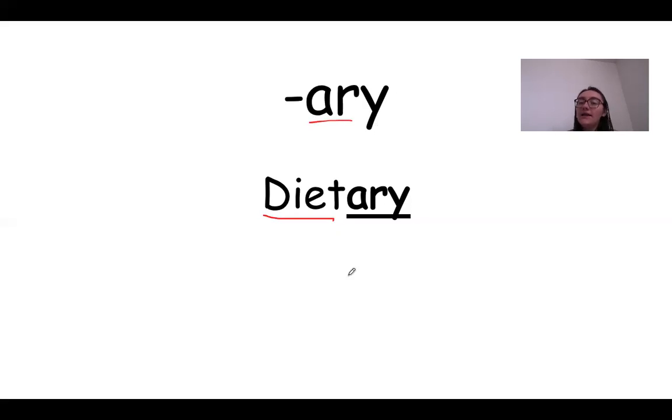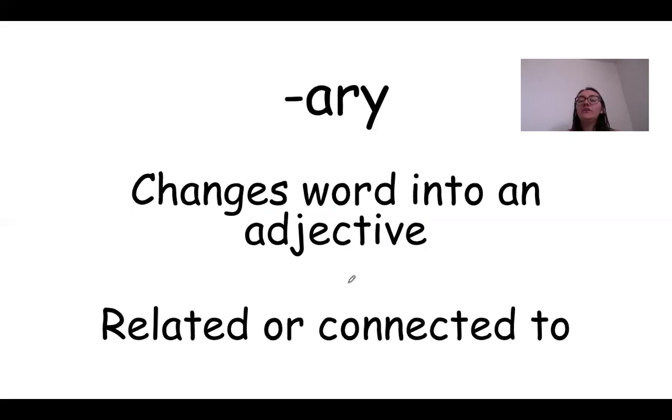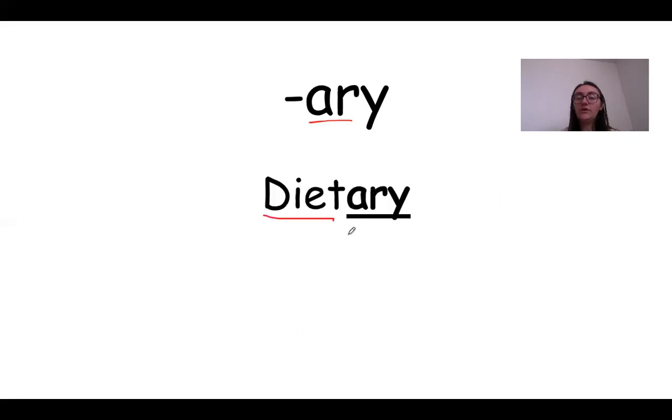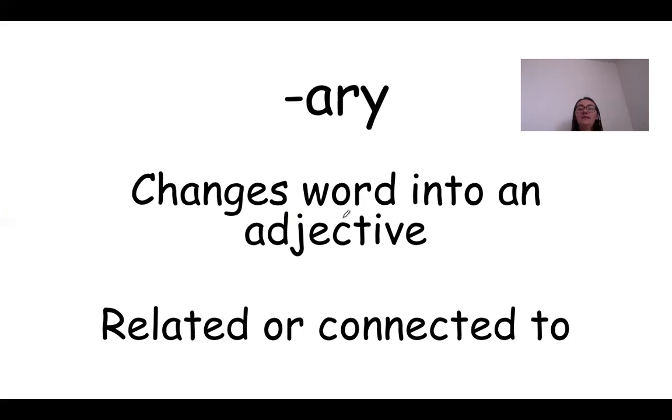This ARY means that it's related or connected to the word that you put before it, right? Dietary. And that's why we use it, because it helps us to describe things, use words that are usually nouns, things that you can't use to describe another thing, and we turn it into a word that can be used to describe something else.